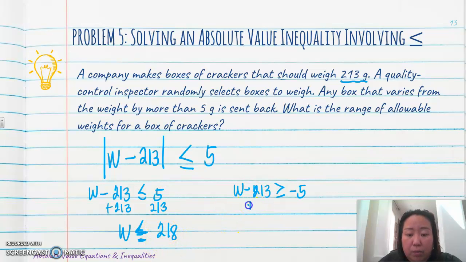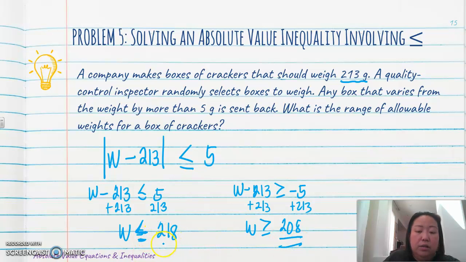And if we add 213 on this side, the acceptable weight is greater than 208. So the acceptable weights will be from 208 until 218.